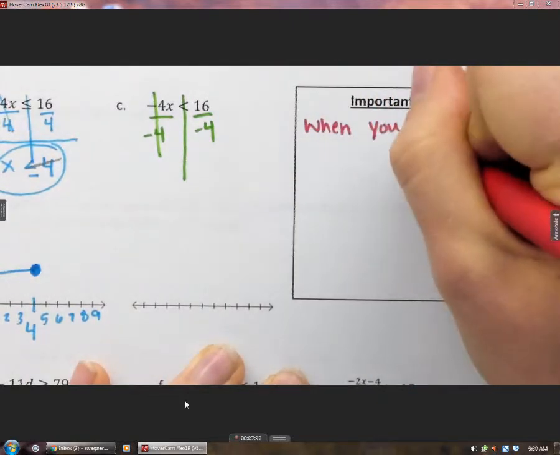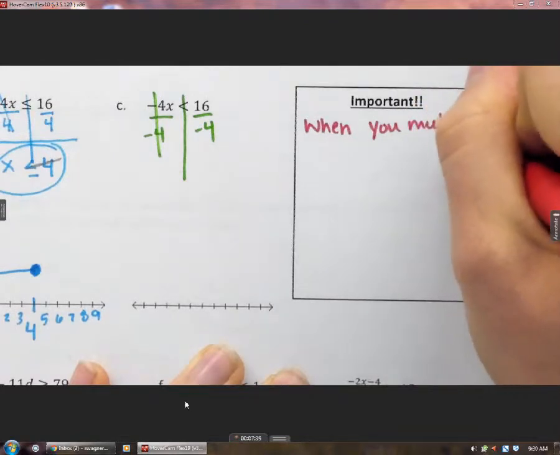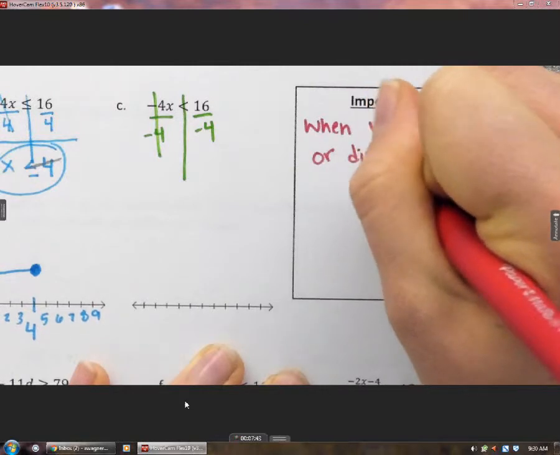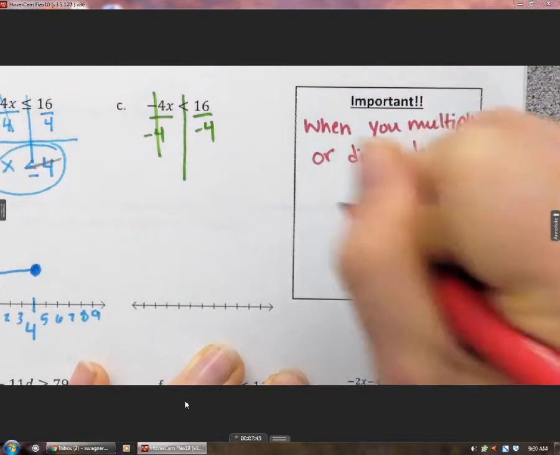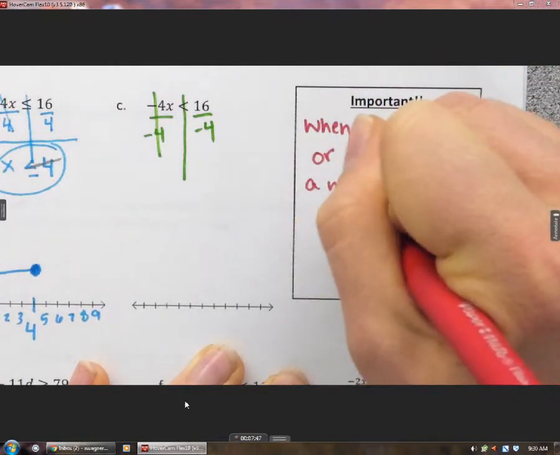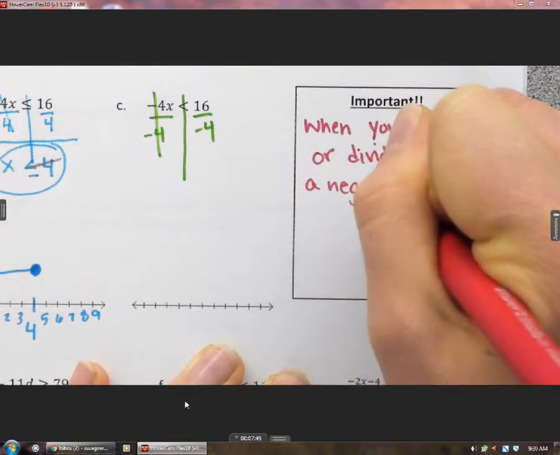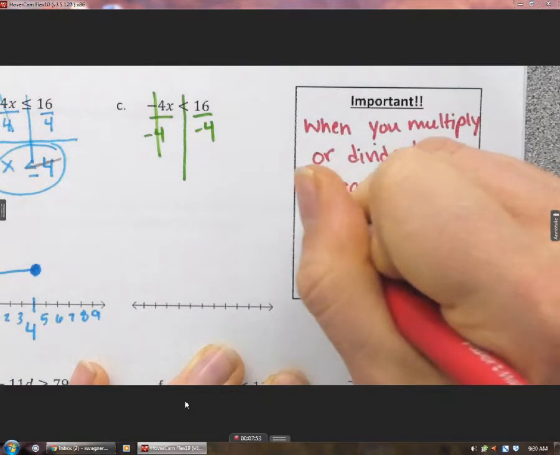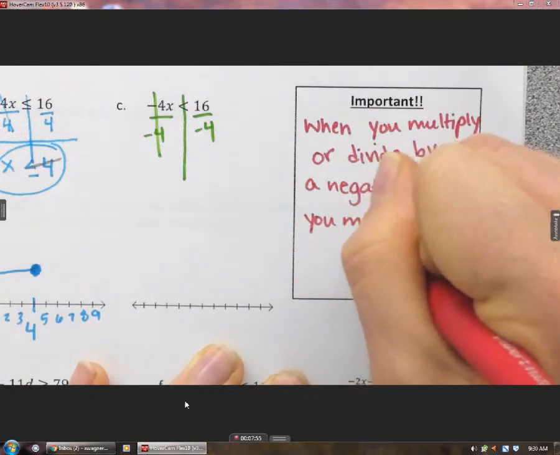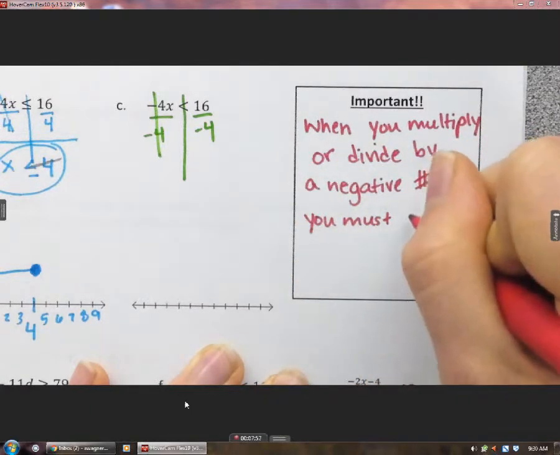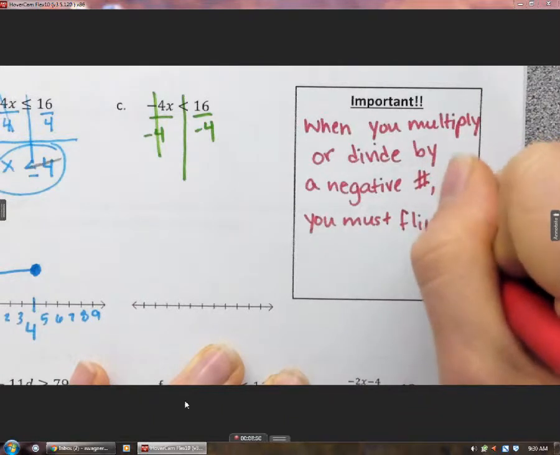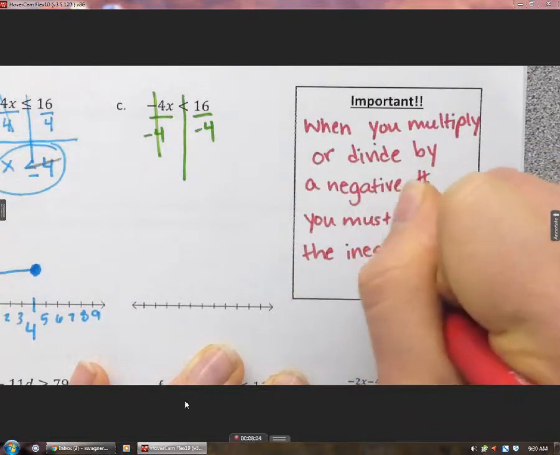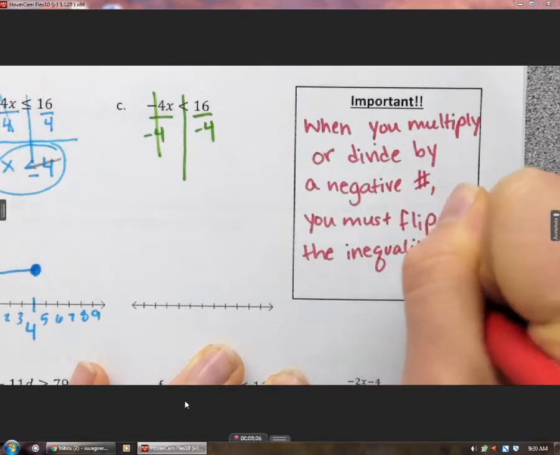When you multiply or divide by a negative number, you must flip the inequality sign.